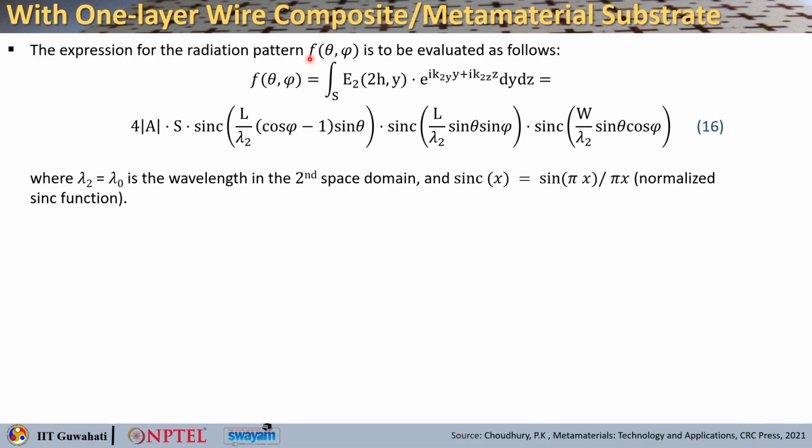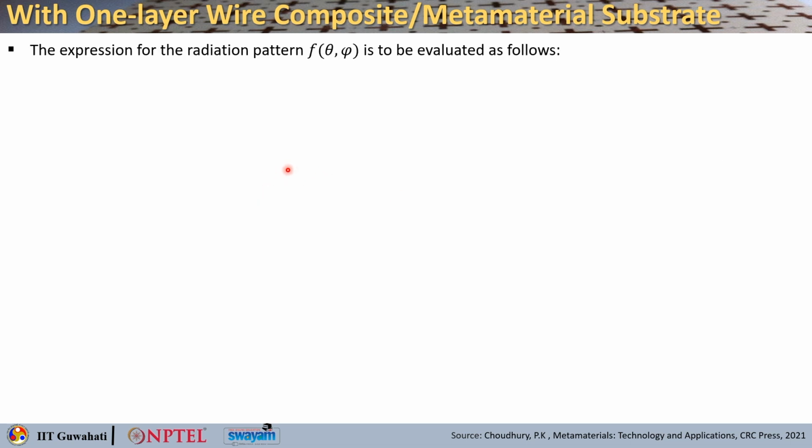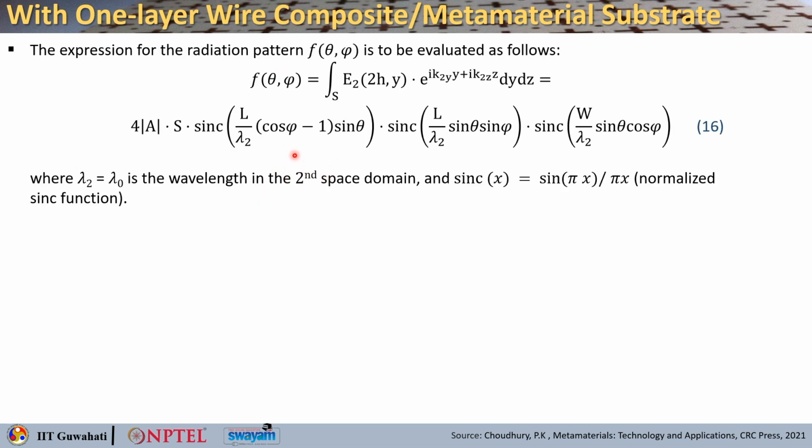Now, the expression for the radiation pattern. Here you will see that f theta phi is basically your radiation pattern, and you can calculate it using this formula. f theta phi can be obtained as the integral over the surface of the patch of E2, which you are calculating at the x equals 2h plane, times e to the power i k2 y plus e to the power i k2 z, and then you have dy and dz.